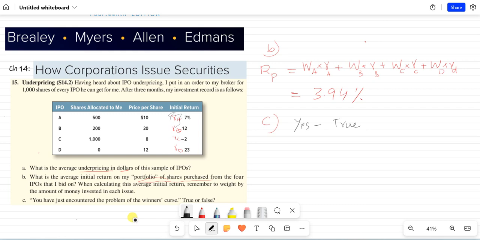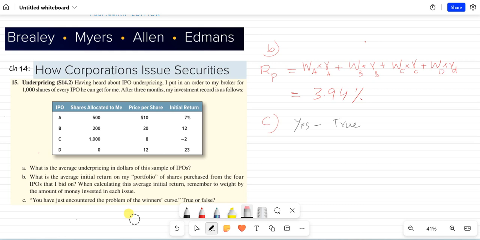We couldn't get any initial returns; the initial returns were negative. We were lucky to get those shares, but unlucky because they were overpriced. When they started trading, the market corrected it, and their prices became lower than the price at which we bought.